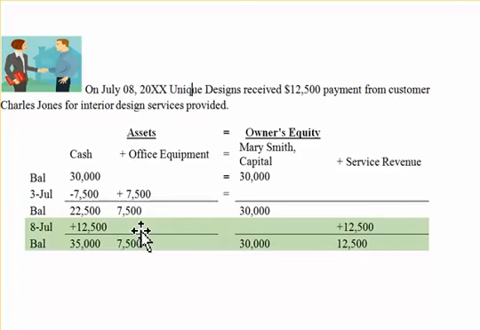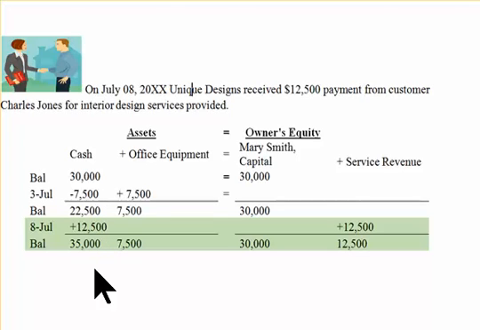Next, on July 8th, Unique Designs received $12,500 from a customer for the services that the company provided. This is terrific. That means that the company earned revenue, which is why it is in business. It's in business to make money, and it did. So the revenue that we have to record is $12,500, which we received in cash. So our cash now went up by $12,500 on July 8th.